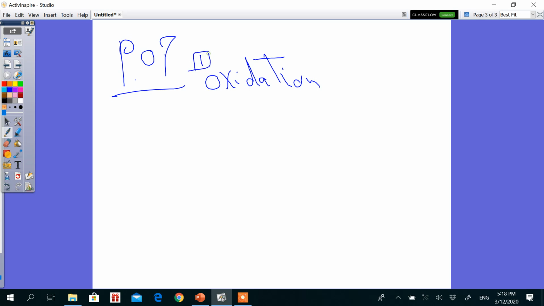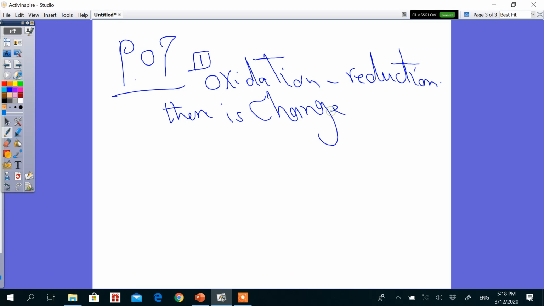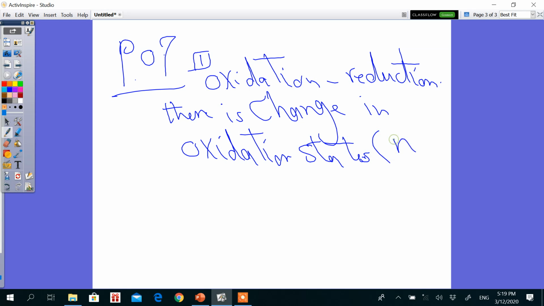In an oxidation reduction reaction, there is a change in the oxidation states, meaning the value of the oxidation numbers. There must be a change.